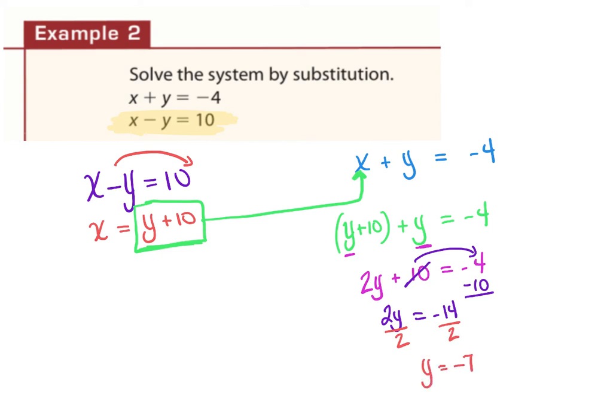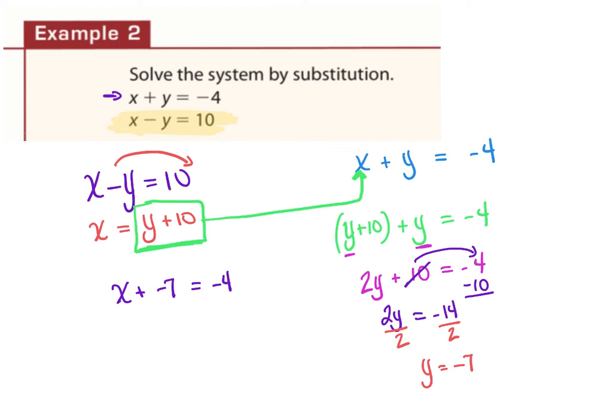Am I done? No. Remember, my answer is always an x, y. Okay? All I have is a y here. What do I need? An x. So take either equation. I'm going to just use this guy right here. X plus, I already know y. What is y? Negative 7 equals negative 4, right?